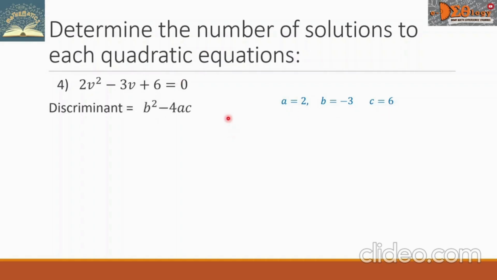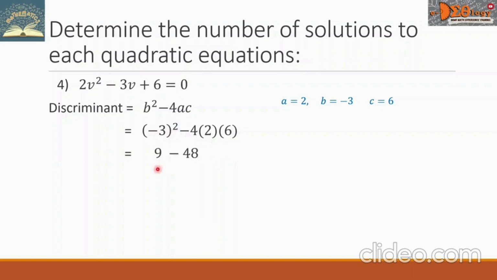Now we show the formula of discriminant, b squared minus 4ac. We substitute the corresponding values. So we have b squared, that is the square of negative 3, minus 4 times a times c. So we have 4 times 2 times 6. We simplify.